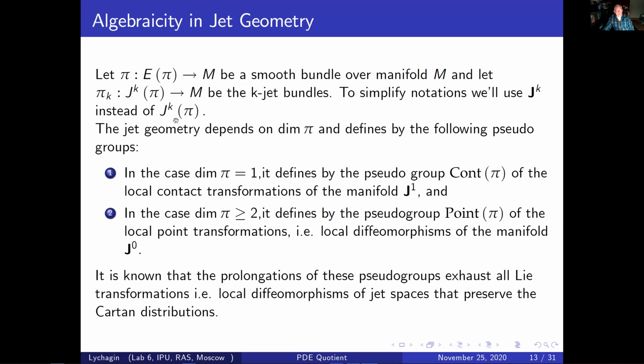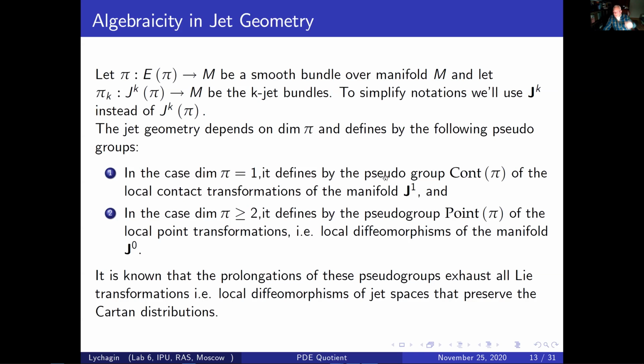What we know about geometry on these spaces is that there are two pseudo-groups that stand behind the geometry. If the dimension of our bundle is 1, it's contact transformations of the one-jet space. And if the dimension is bigger than 1, it's all diffeomorphisms of J^0, the so-called point transformations. These are the two groups that control the geometry of jet spaces.